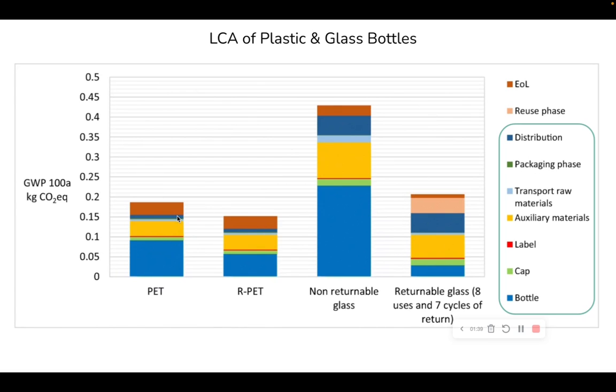We can see all of that takes up the majority of the global warming potential for all of these types of bottles. Now the final phase, the end of life, and then reuse, which would be use, is much smaller. So you can see it's a much smaller percentage here.